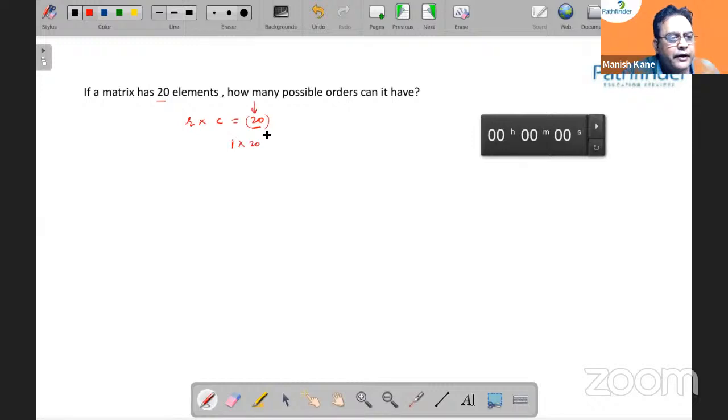So 1 by 20, 20 by 1, correct? 2 by 10, 10 by 2, 4 by 5, 5 by 4. So these are the 6 possible ways in which I can write a matrix which has 20 elements. So the number of matrices will be 6, which should be your answer.